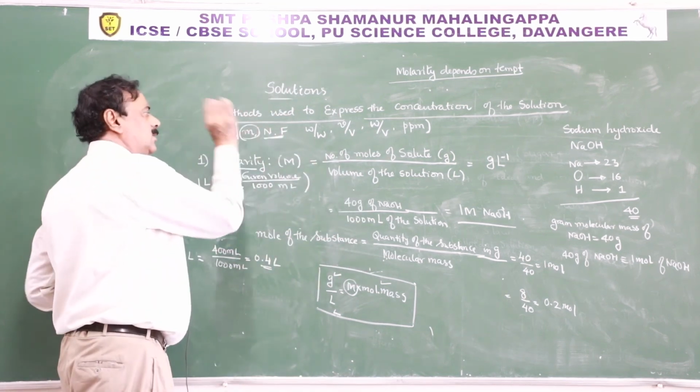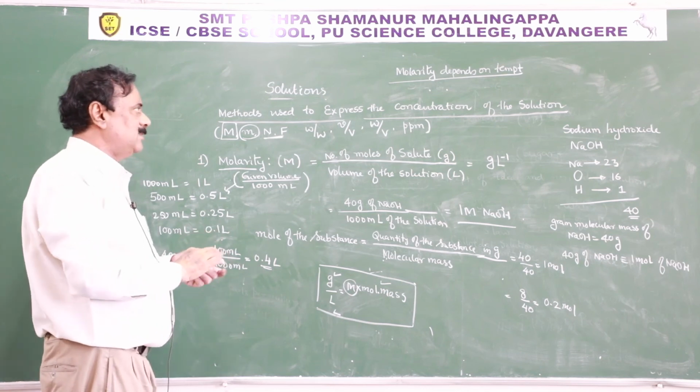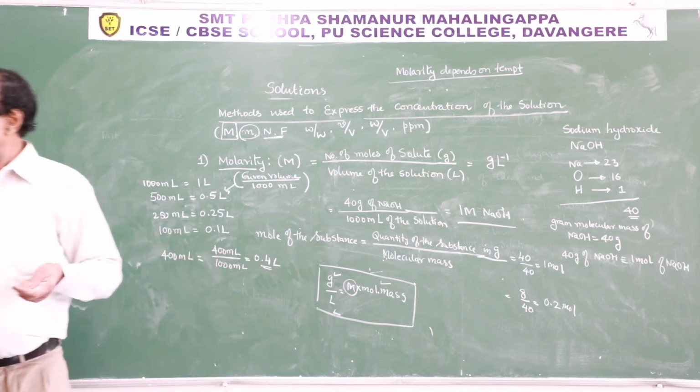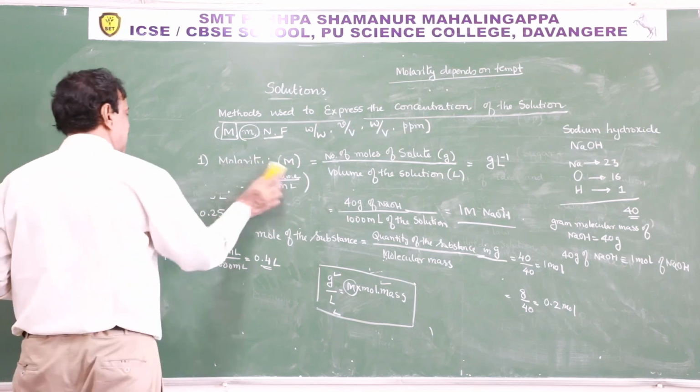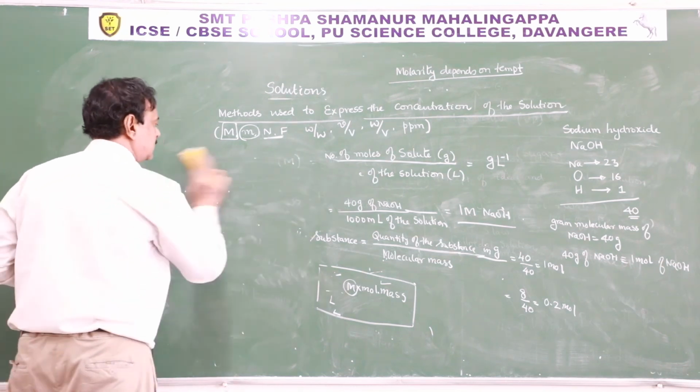One more is molality, small m. Capital M is different from small m.